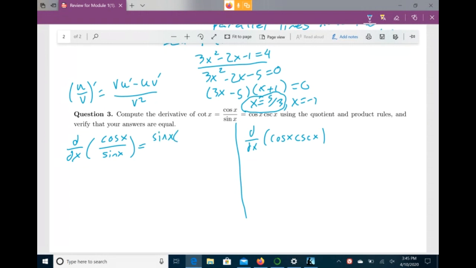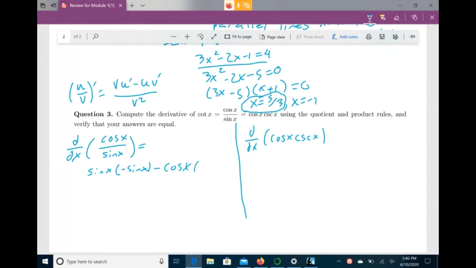I'm out of room here. And as you've said several times now, the derivative of cosine is negative sine, minus high d low. So that's cosine x times the derivative of sine.